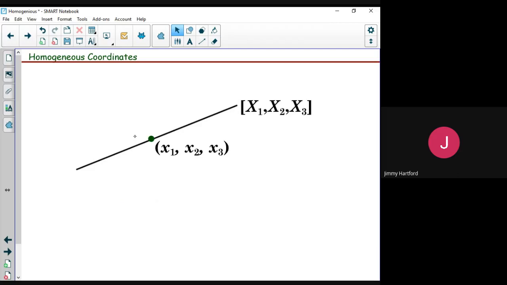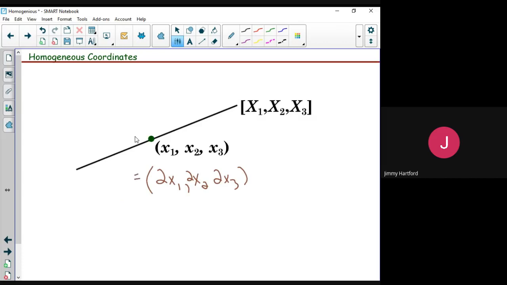And we're also going to establish that this point is equivalent to this point here. So if we scale all three numbers in the triad by the same number and they remain proportional, then this point is going to be equivalent to the original point.